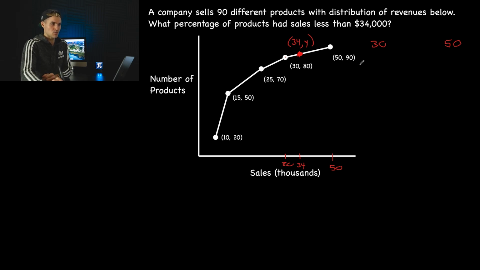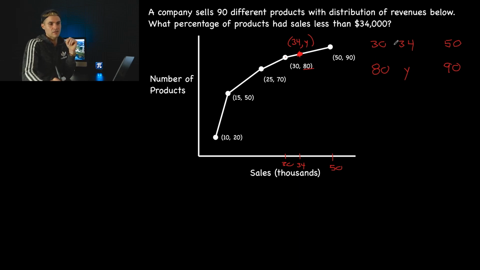That's going to be for the x coordinate. And then the y coordinate, the product, is going from 80 to 90, like that. Okay, and these are dealing with the same proportion. So if the 34 is here, then the y is going to be here. We know that this y value is going to be somewhere between 80 and 90, and we're trying to figure out exactly where it's going to be.